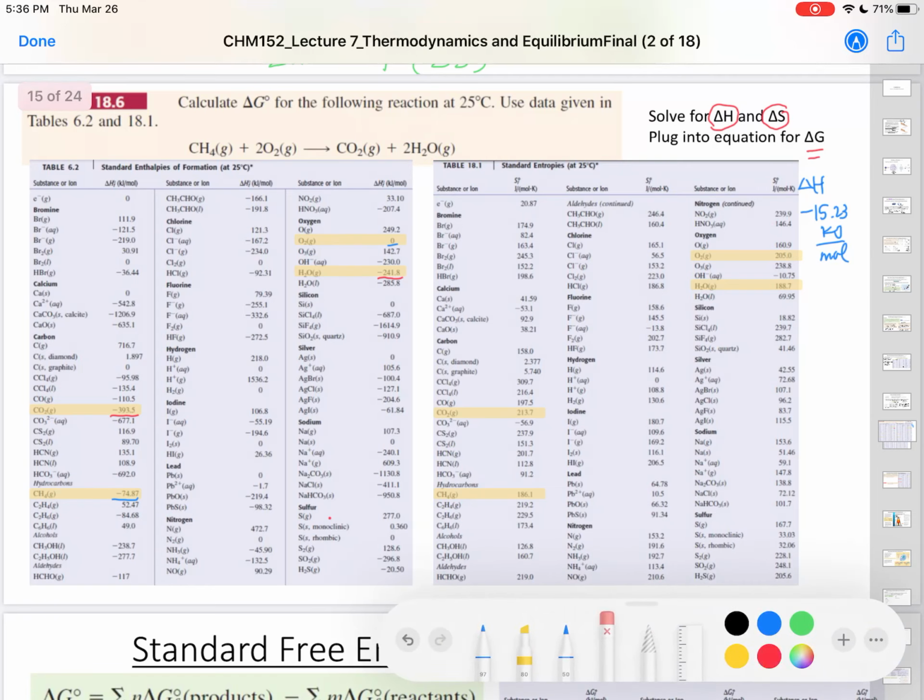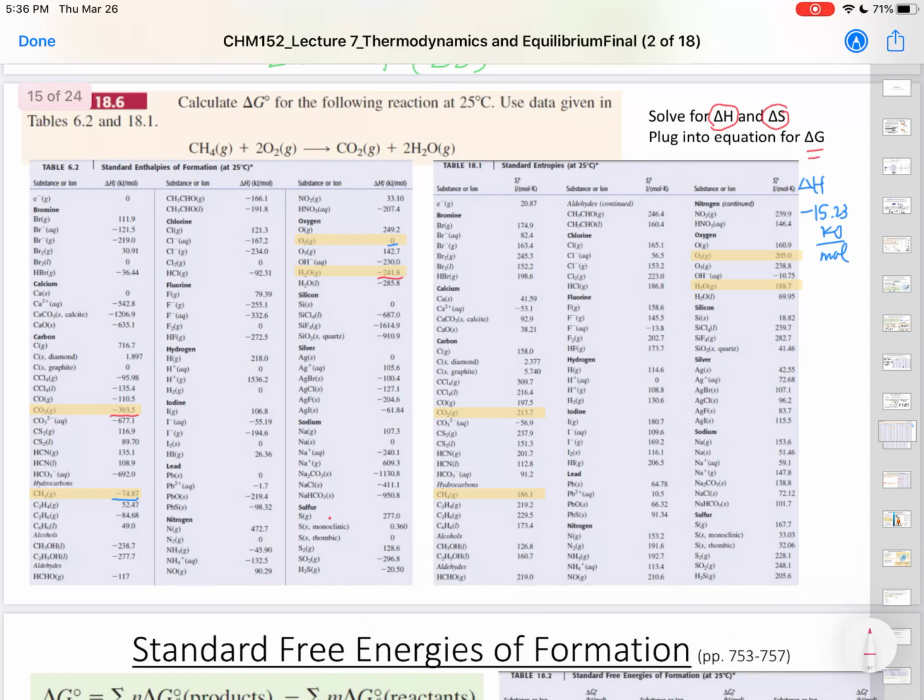I'm going to erase this calculation so I have space for the next calculation. Okay? Because I do need to figure out what is delta S. Okay? So we're looking at this next table here, and again we're looking for CO2, that's 213.7. And we have 2 of the waters.